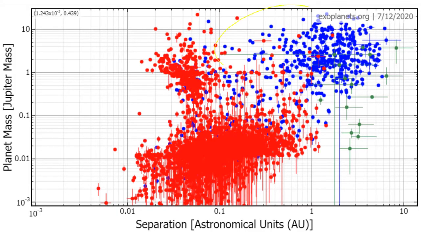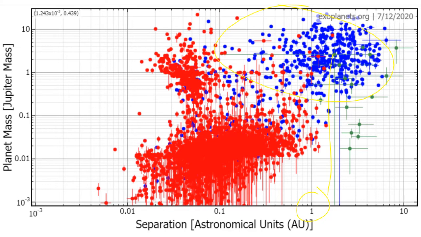So this lot in blue up here, they're the radial method. You can see heavy and relatively far out from their star. This is AU, so 1 AU is being at the same distance from the star as the Earth is. And then all of these, this mass in red here, this is Kepler's detections.